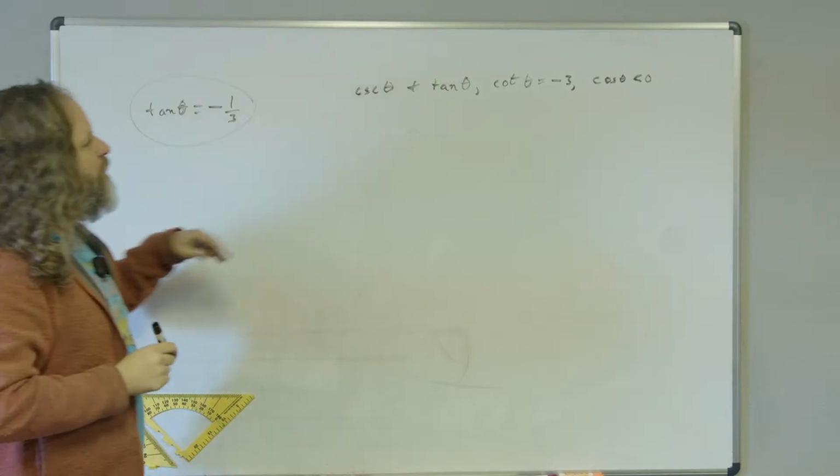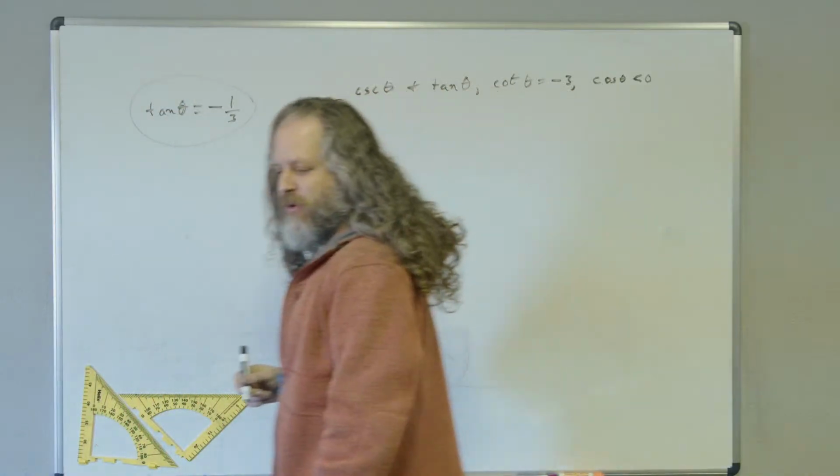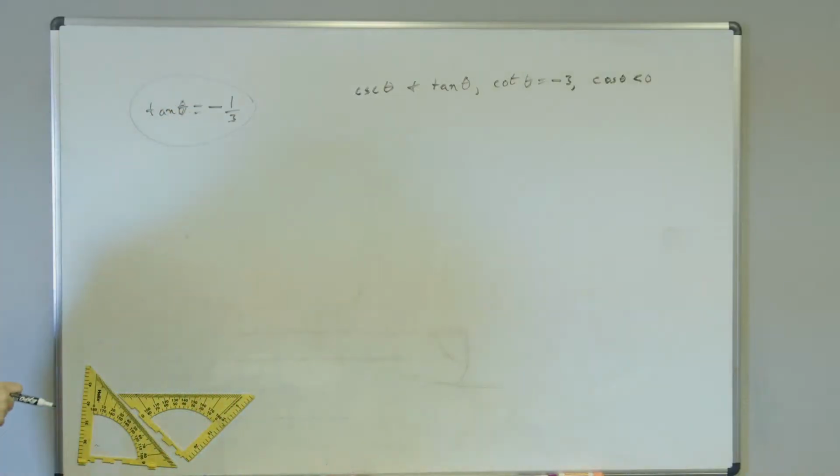Now, to get from cotangent to cosecant, we can use the Pythagorean identity. Which Pythagorean identity are we interested in?